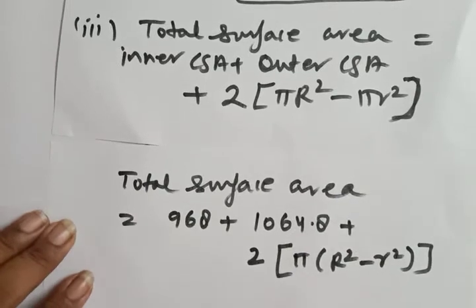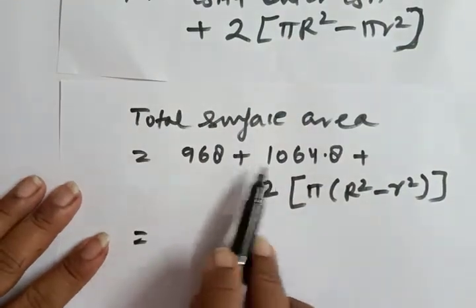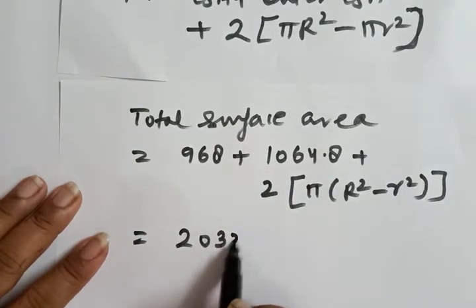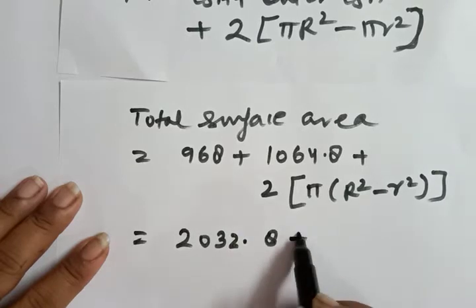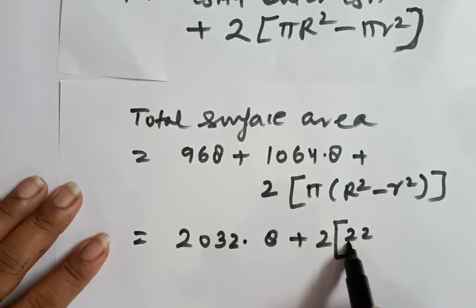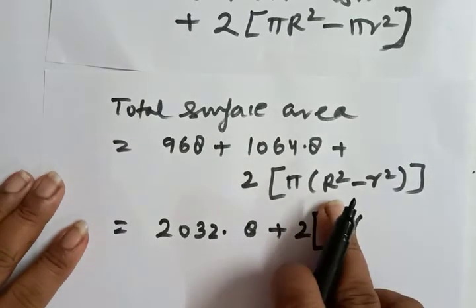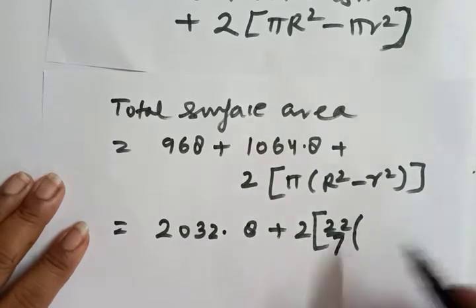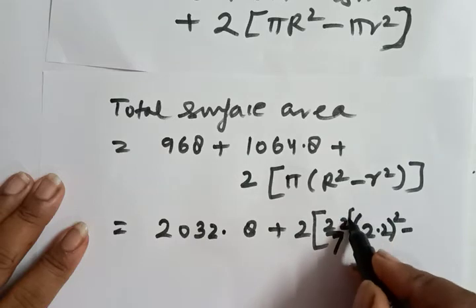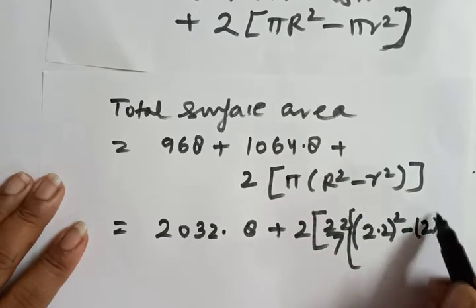Now we need to put the values. First of all, we will add this and we will get 2032.8 plus, now we put the value, 22/7 is the value for pi, and capital R is 2.2 square minus, in the bracket, 2 square.